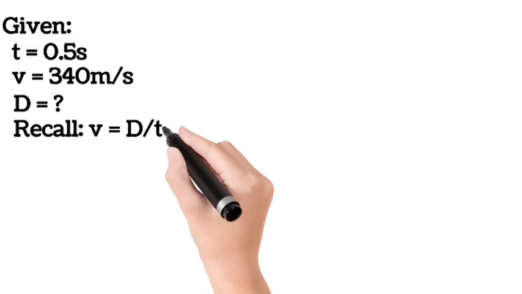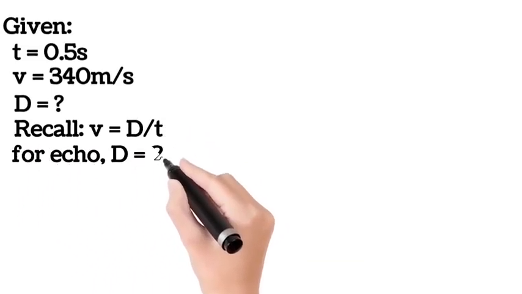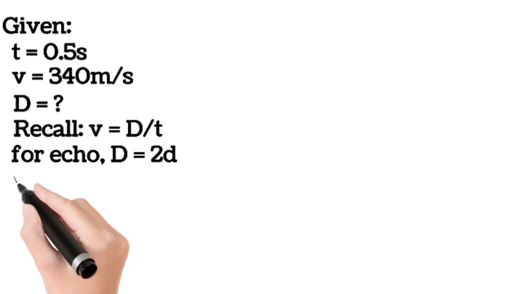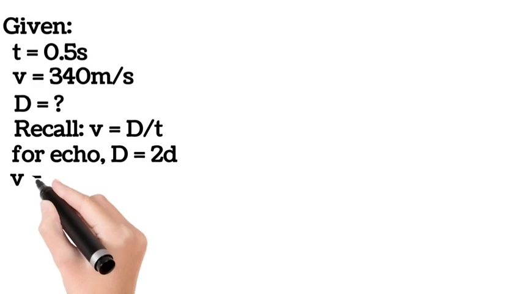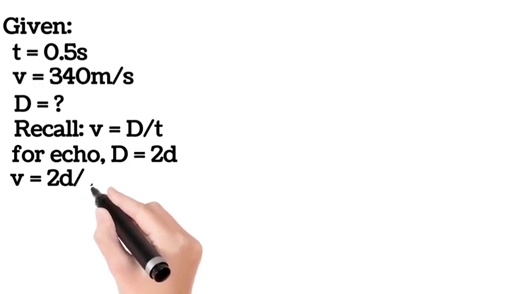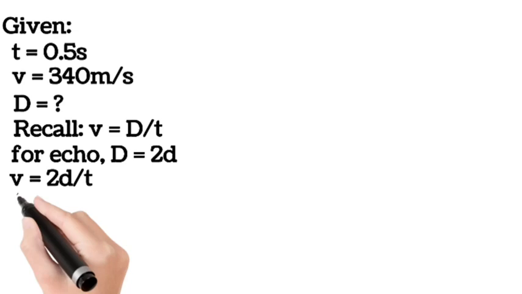We said V equals D over T. That is capital D. Now, for echo, capital D equals 2d, which is 2 small d. So if we replace this capital D by 2d, we'll have V equals 2d over T. And in order to make d the subject of the formula, we cross multiply.